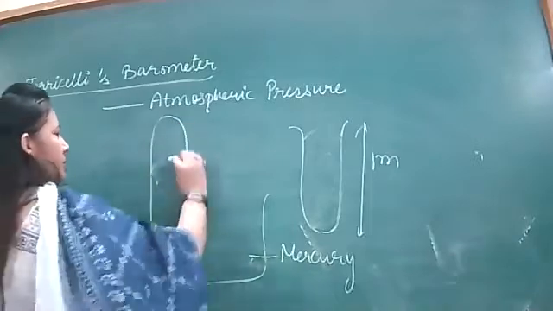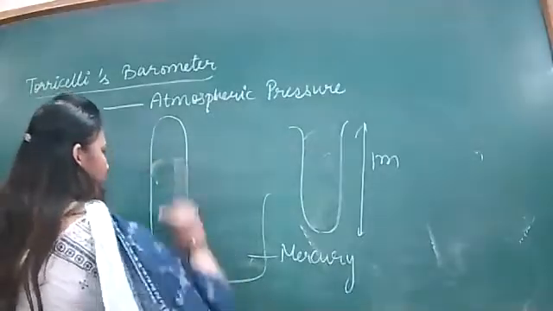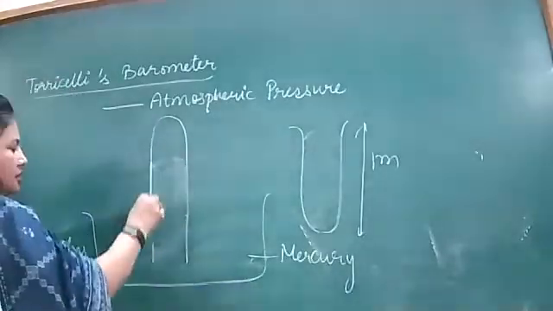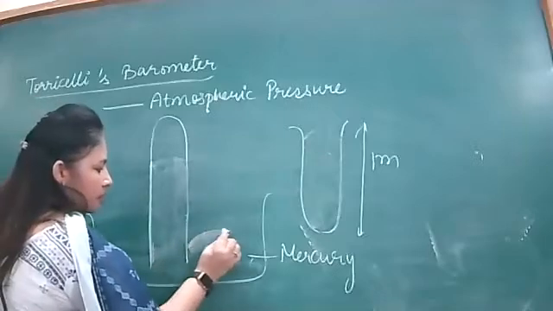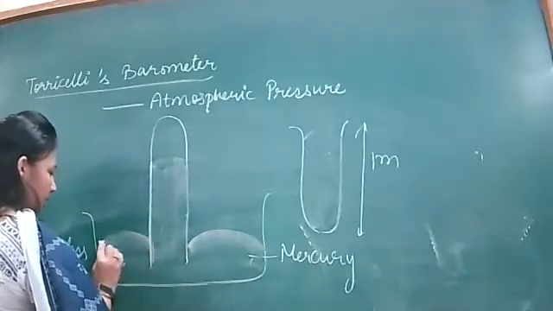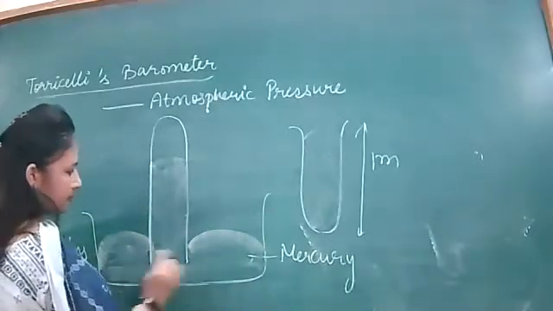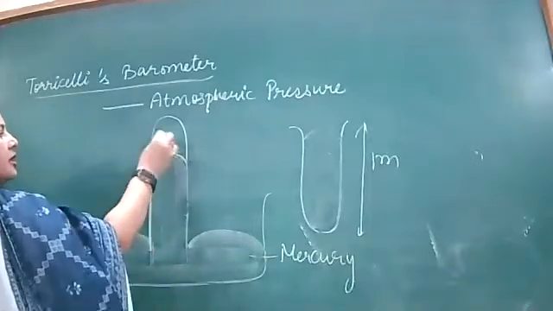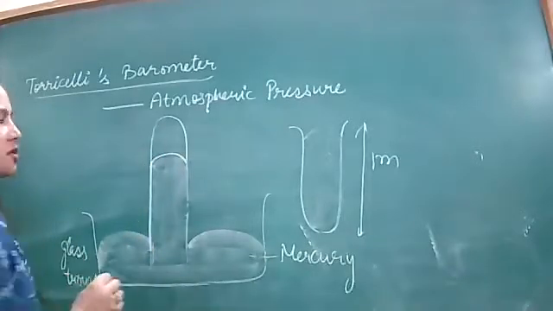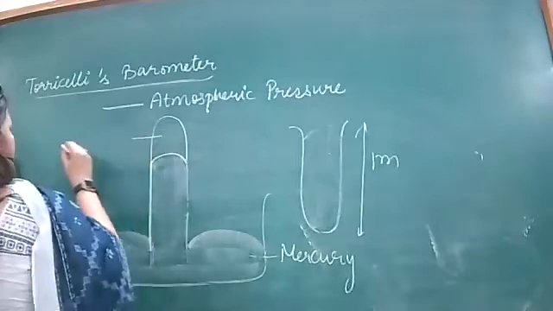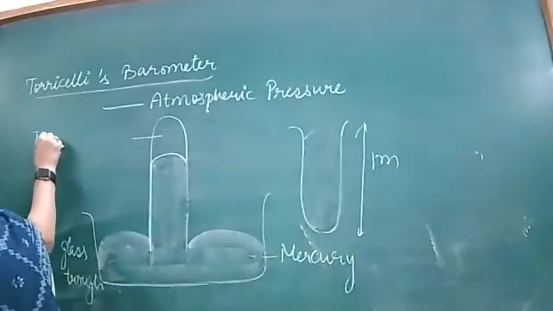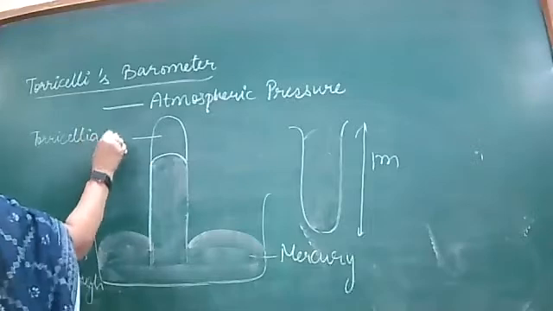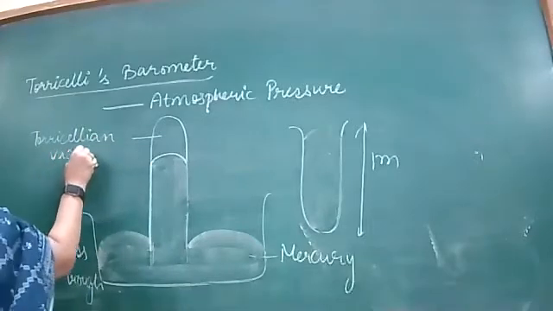After some time, the level of mercury started falling in the test tube, and there was some empty space in the test tube. That empty space was called Torricelli's vacuum or Torricellian vacuum.